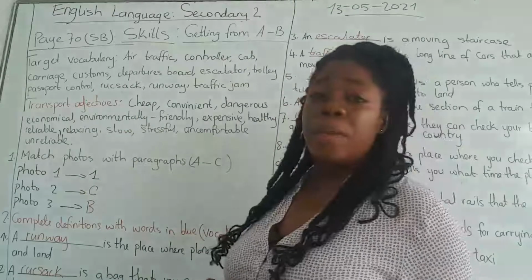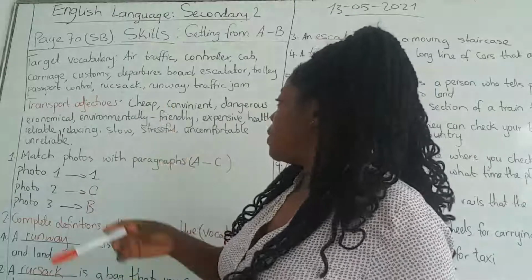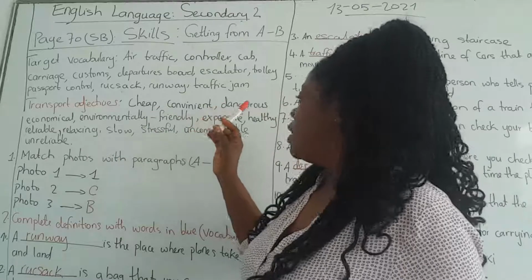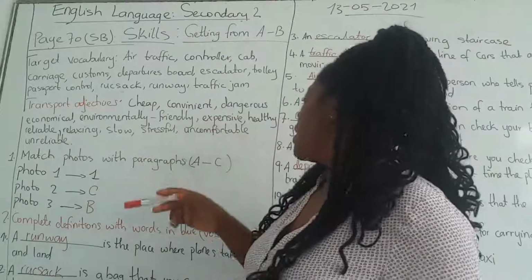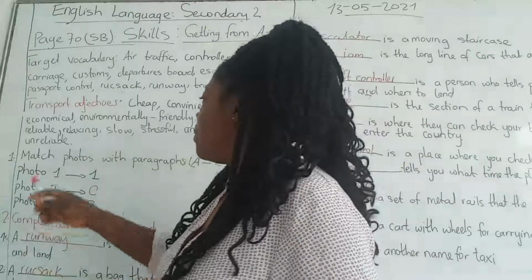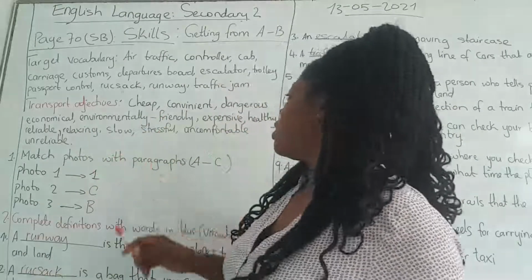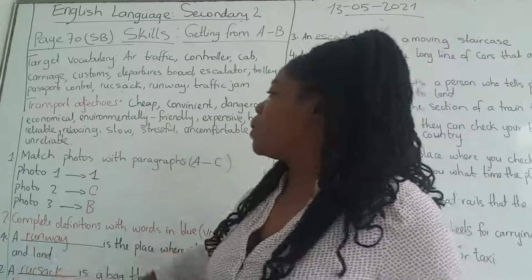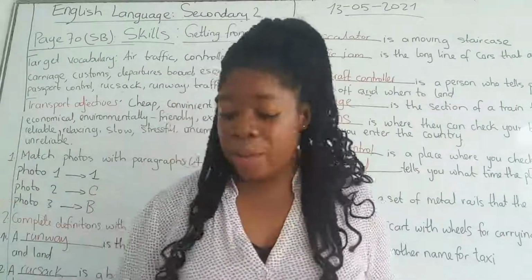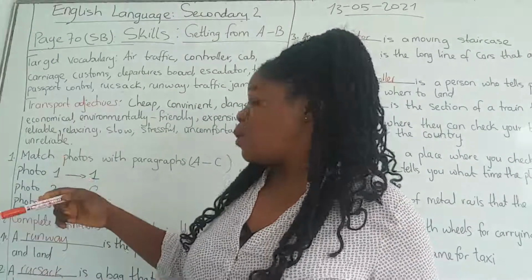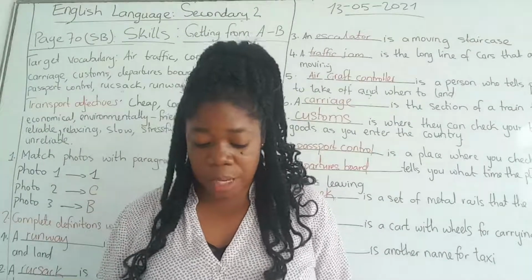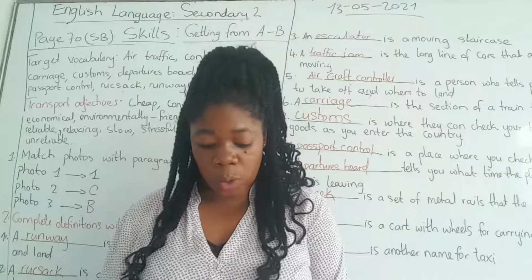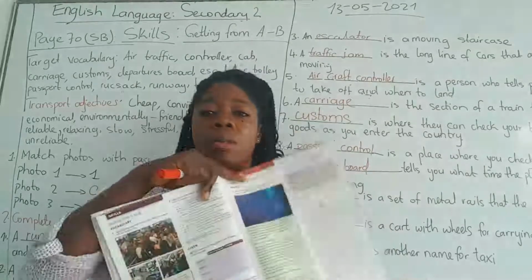You also have them in your book. The transport adjectives are cheap, convenient, dangerous, economical, environmentally friendly, expensive, healthy, reliable, relaxing, slow, stressful, uncomfortable, and unreliable. We are going to use these adjectives to give the advantages and the disadvantages of different means of transport which we have here in our books.